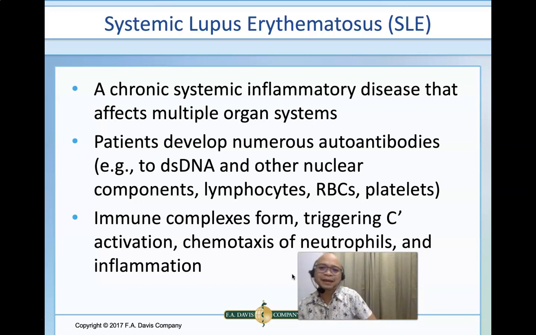Here, patients develop numerous autoantibodies against certain fragments of our genetic material, such as antibodies against double-stranded DNA and other nuclear components, antibodies against lymphocytes, RBCs, and platelets. Systemic lupus erythematosus is actually a disease that affects between 40 and more than 200 for every 100,000 population.